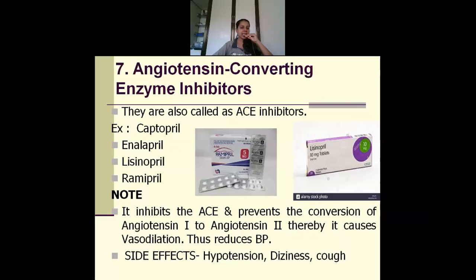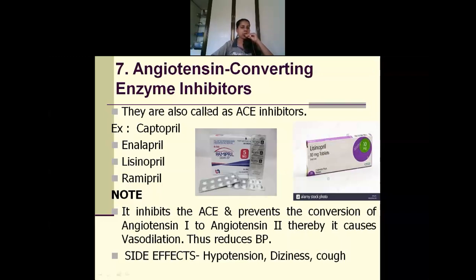Next is ACE inhibitors, angiotensin converting enzyme inhibitors. These are antihypertensives. Remember A and C from here. Examples of ACE inhibitors are captopril, enalapril, lisinopril and ramipril.